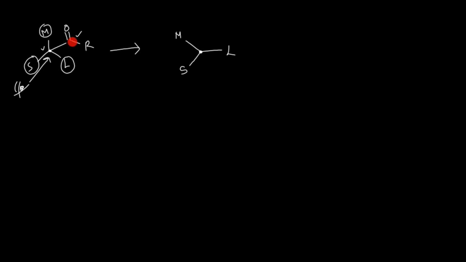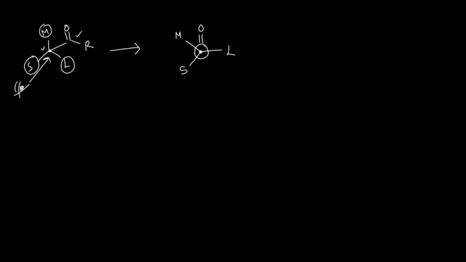The carbonyl carbon is the rear carbon, and I am drawing my rear carbon. You know that in the Newman projection formula, the rear carbon is always shown by a circle. Then I am placing this double bond oxygen on it, just like that.